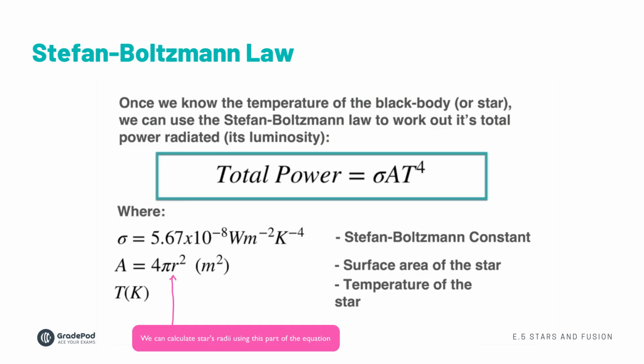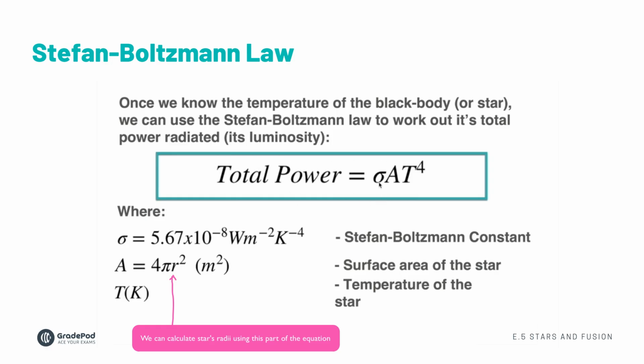And that power can be calculated for a perfect black body. And it's given by the Stefan-Boltzmann law. Once we know the temperature of the black body, or a star, or the Earth, we can use the Stefan-Boltzmann law to work out its total power radiated. So we can work out how much energy, electromagnetic energy, is being released per second using this formula.